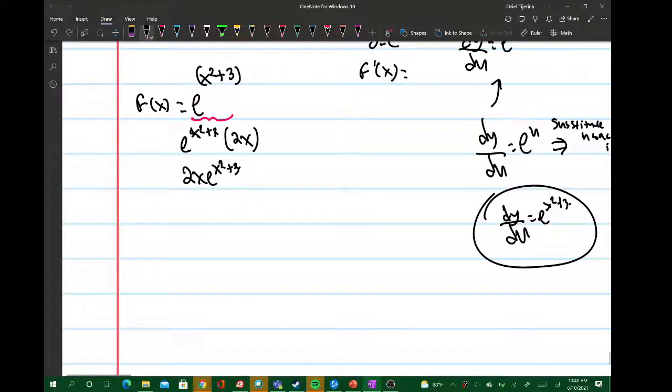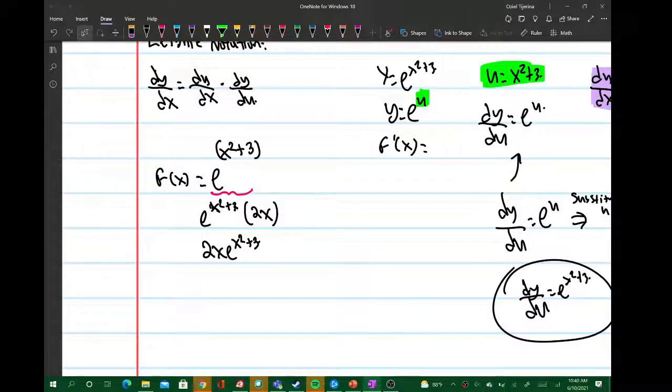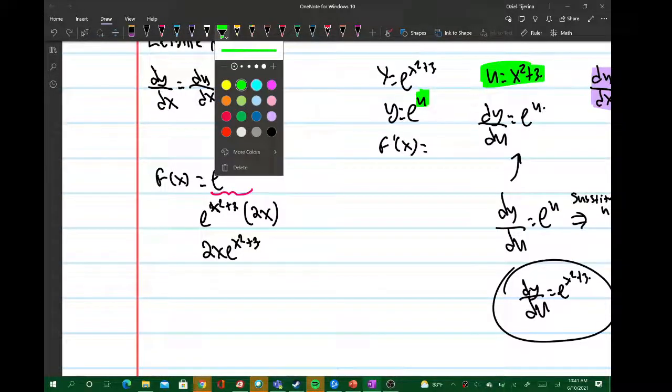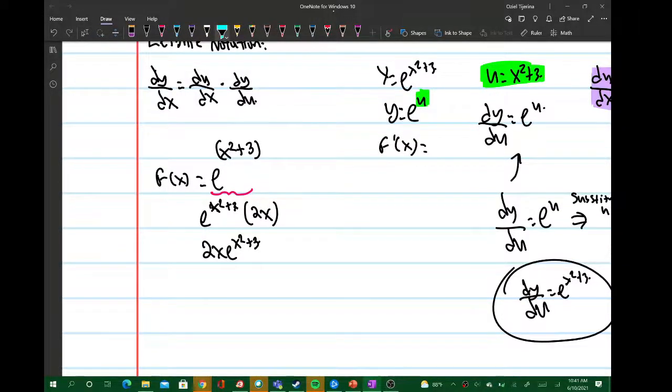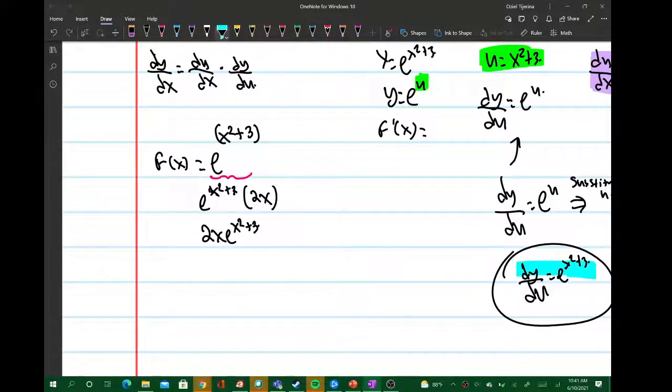Now we're going to go ahead and finally plug all of these in to find the derivative. We know that du dx is 2x, right? And dy du is e to the x squared plus 3.